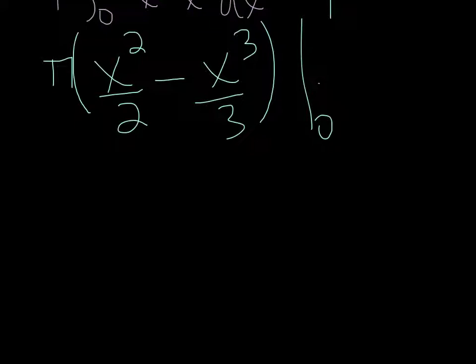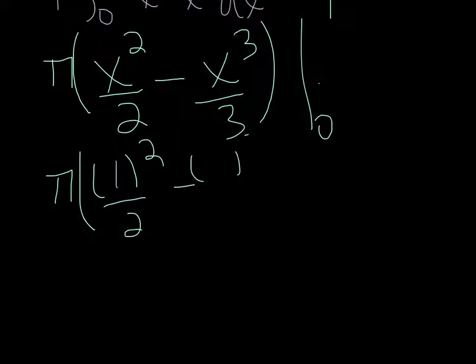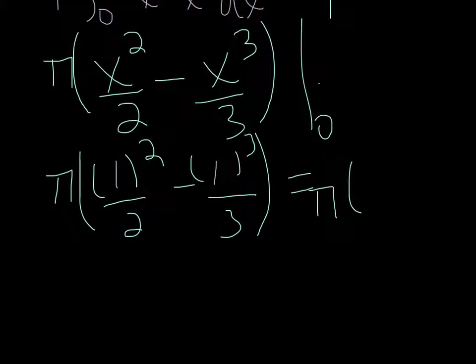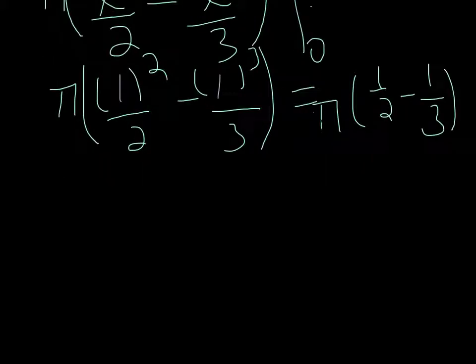So we have pi again, and then you plug in a 1 for all the x's, so 1 squared divided by 2 minus 1 to the third divided by 3, which really equals pi times 1/2 minus 1/3, which is pi over 6.